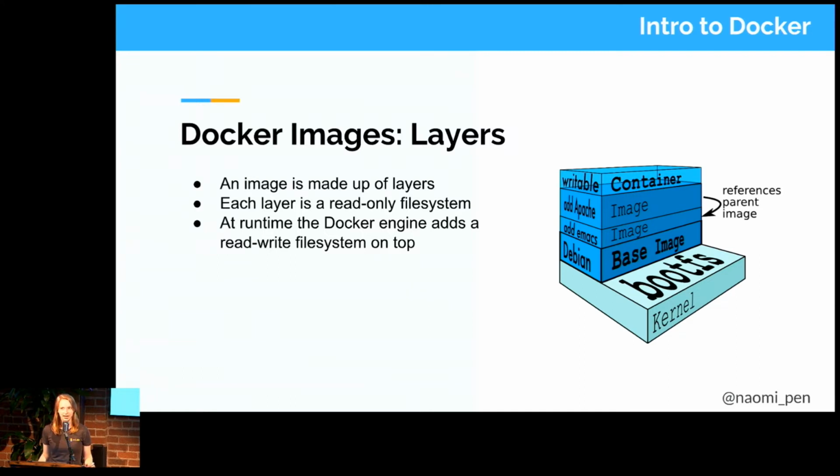Then it adds Emacs, and then it adds Apache, each in its own layer. To make this image a container, Docker adds yet another layer on top that you can write to, a read-write file system. When it is running, all of these different layers of single file systems turn into one unified object that Docker presents to you.